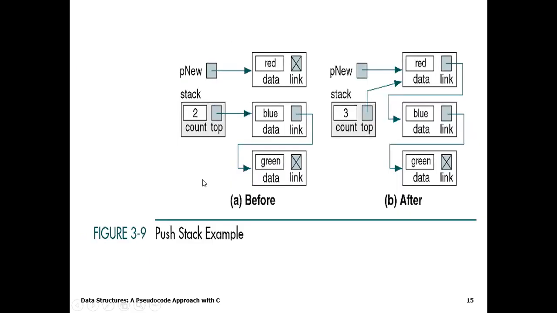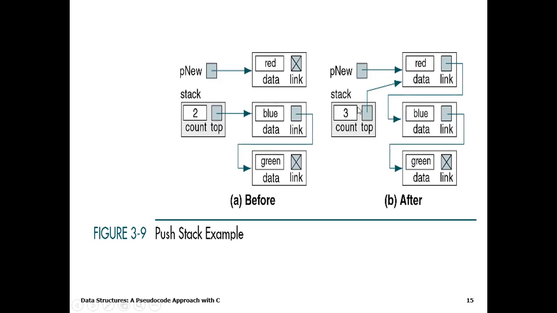So initially, in this example, I am creating a new node. Data part is red, and the link I have first initialized with null value. So P new is my new node, which I'm going to add into the stack. So already the stack contains some values, green and blue. So the count value is 2, and the top is connected to the blue.